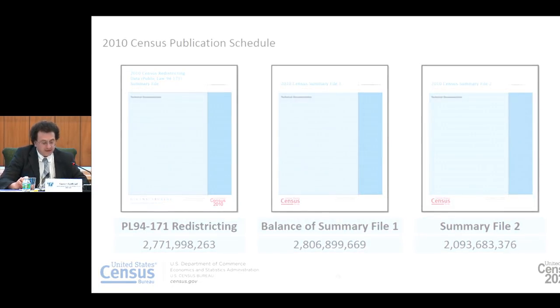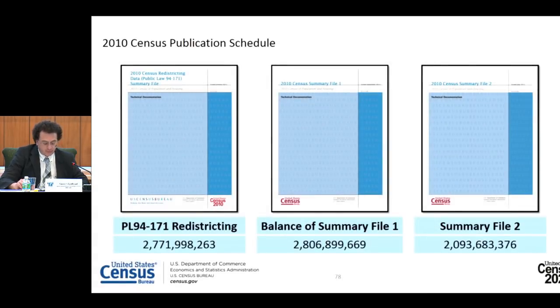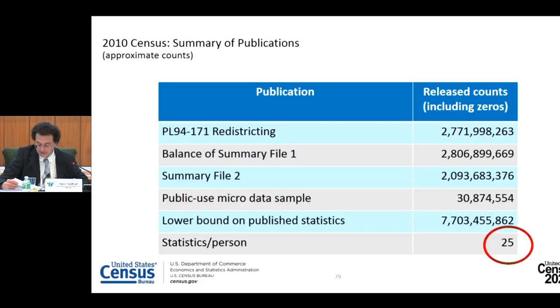The total is roughly 7.7 billion statistics, or 25 per person. That's a lot more than 6 per person. Basically, you can write 7.7 billion equations with 1.9 billion unknowns and solve. This is very different from the hypothetical example that I showed on the previous slides. This is real.